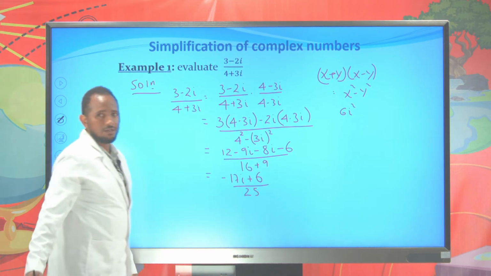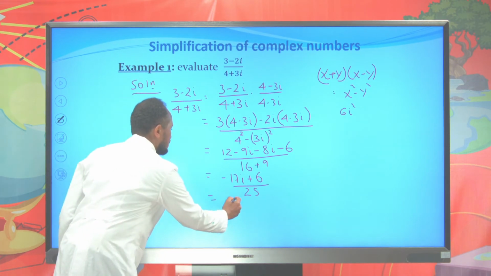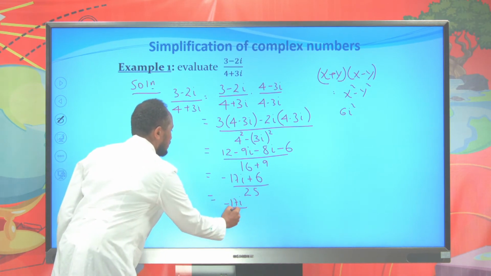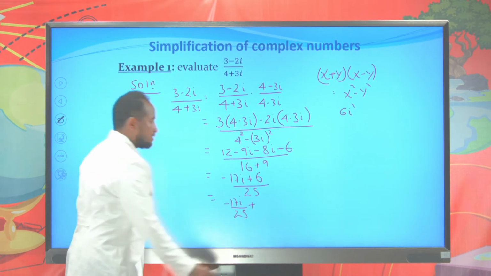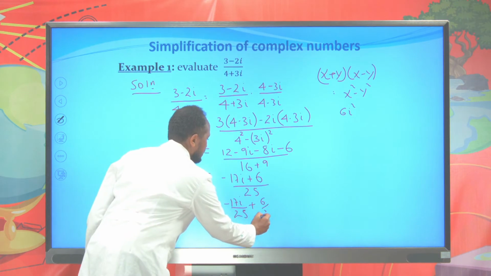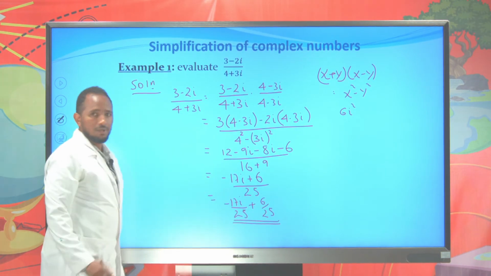So, this is a simplified answer, or you may write this in this form: negative 17i divided by 25 plus 6 over 25. So, this is how to simplify a complex number, or how to divide a complex number.